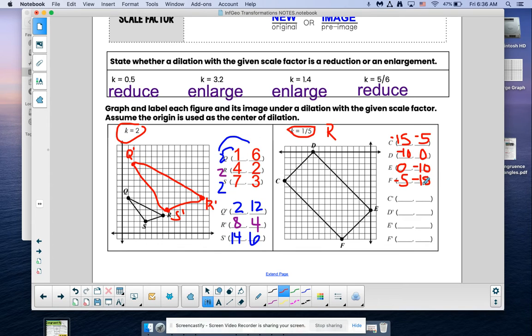So now we need to divide everything by 5 in order to reduce it. What's negative 15 divided by 5? Negative 3. Negative 5 divided by 5 is negative 1.